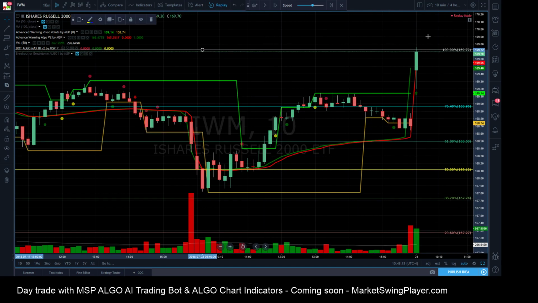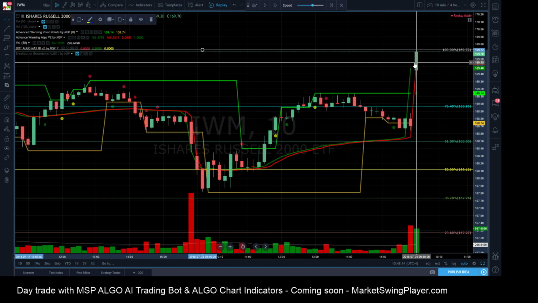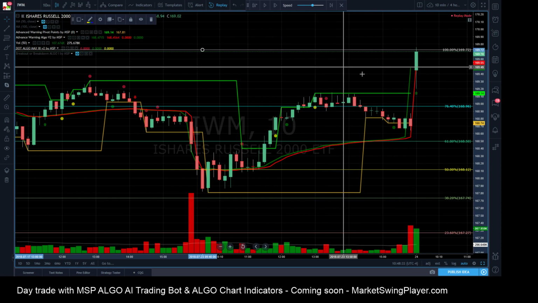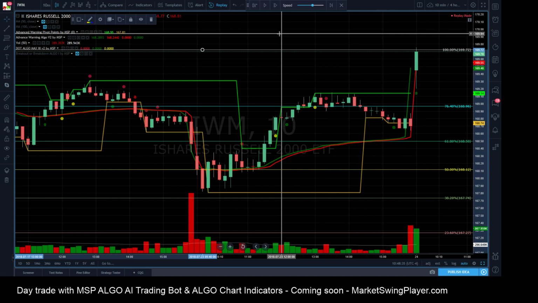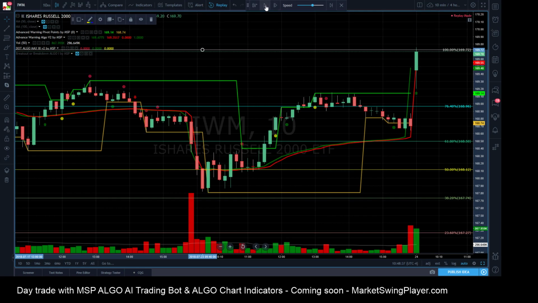So I got this in replay mode to replay this date so we could role play how to trade using MSP ALGO Trading Bot, using Scalp Trade Alerts to win 80 to 90% of your trades consistently. So we're going to forward to the 940 candle and say the market opened up here.